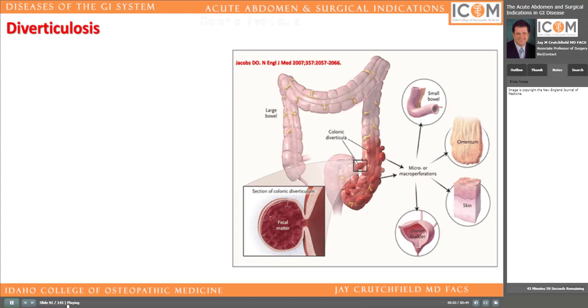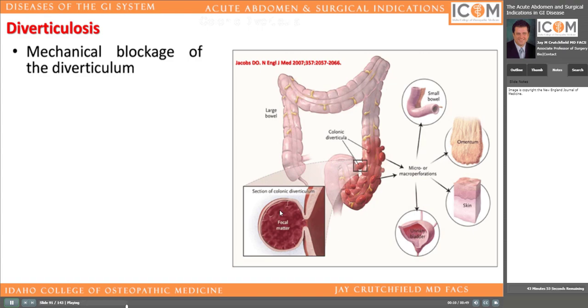Diverticulosis often is a result of mechanical blockage of the mouth of the diverticulum with impacted fecal matter. They also believe that raised intraluminal colonic pressures can contribute to the formation of the diverticulum itself.